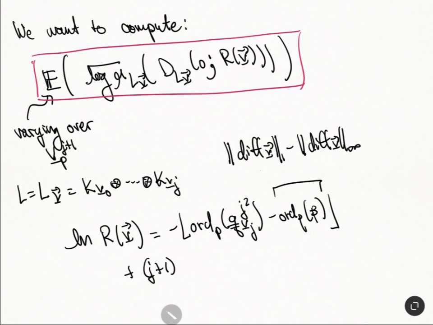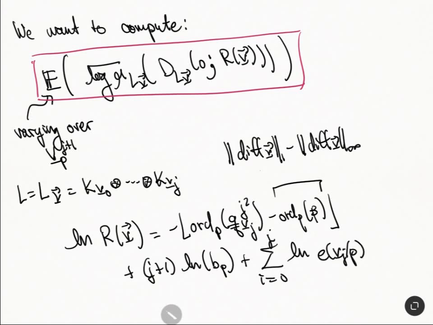Then we're going to have natural log, ln, and let's call this BP, where BP, here, let's kind of define this. Oh, let me just keep moving on. Plus the sum from i equals 0 up to j of natural log of e, the ramification indices here. Okay, so we have these 3 terms here.